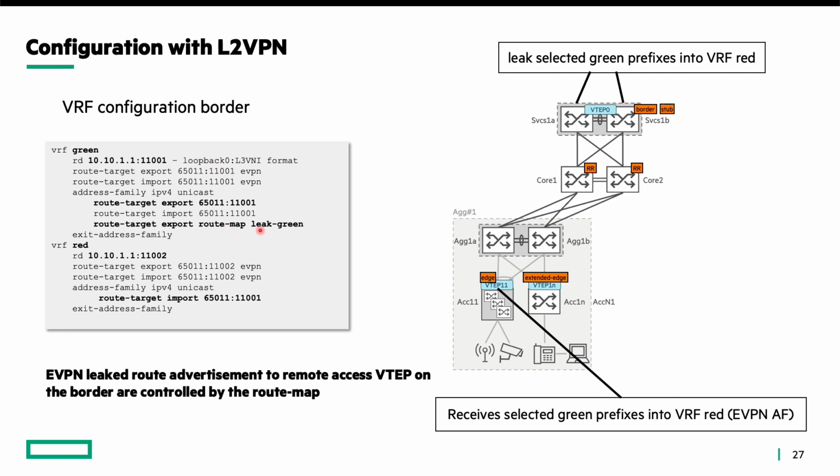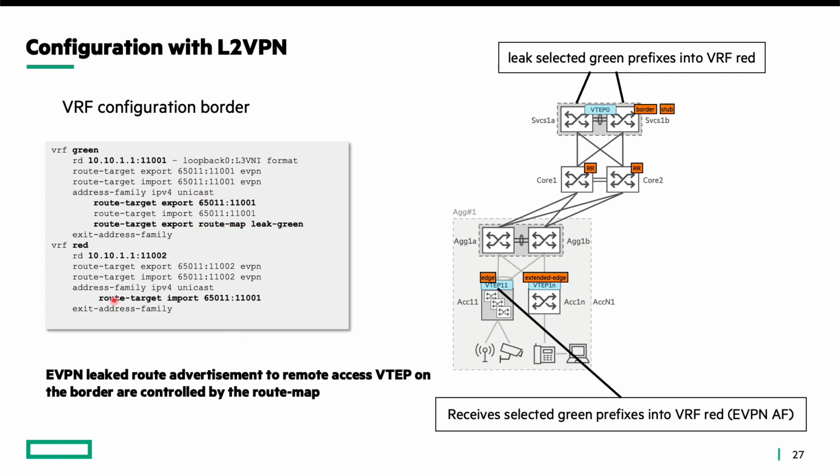Here, this 11:001, yes, you need to import and export this route target in the address family IPv4 and maybe IPv6 as well, and to export, so to apply this export route map on the address family.